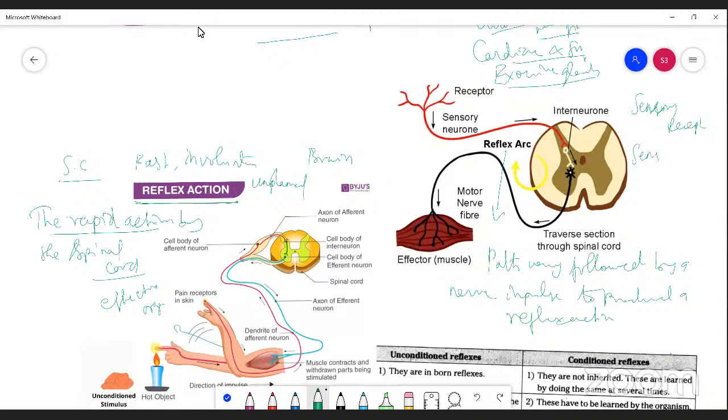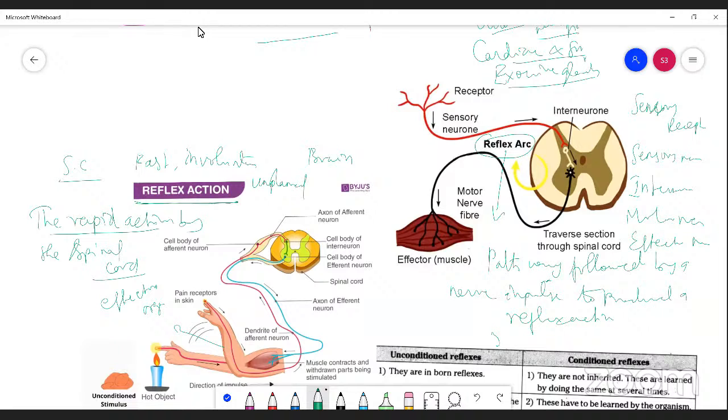Third, interneuron. Fourth, motor neuron. Next, effector. You understand? These are the components of the reflex arc. One of the 3 mark questions: what are the components of the reflex arc?